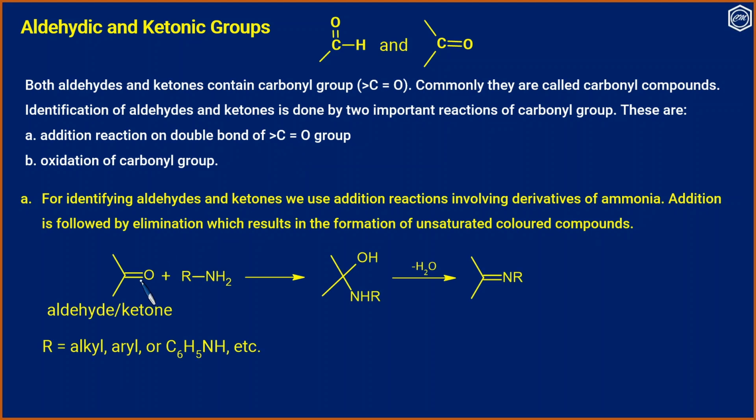So, aldehyde or ketone, the carbonyl group, reacts with a derivative of ammonia, for example, RNH2, and we get this unsaturated compound, which is usually colored. R may be alkyl, aryl or C6H5NH etc. These reactions are catalyzed by an acid or a base and do not occur under strongly acidic or basic conditions.